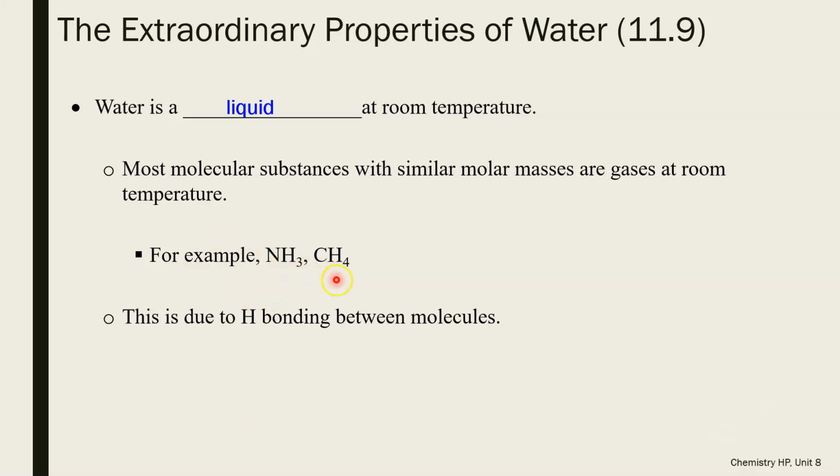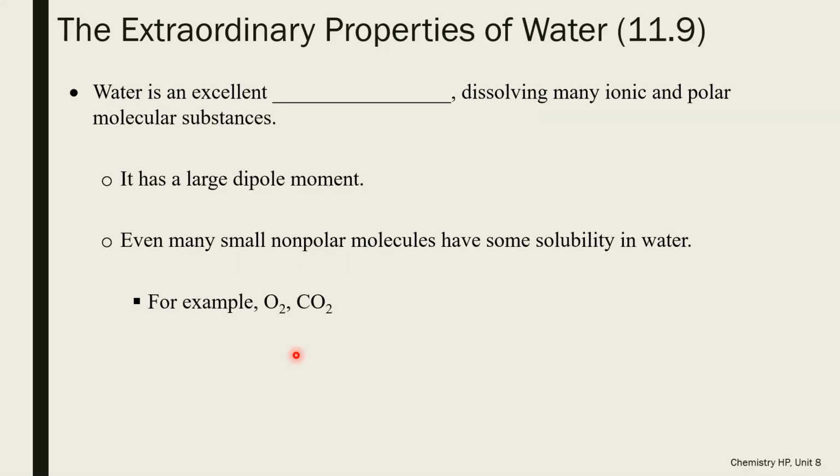Ammonia's molar mass is about 17, methane's molar mass is about 16, so pretty close to water's 18 grams per mole. We find that those two are definitely gases at room temperature, but water is a liquid at room temperature. This must be due to the hydrogen bonding between water molecules, that really incredibly strong hydrogen bond that tends to form there.